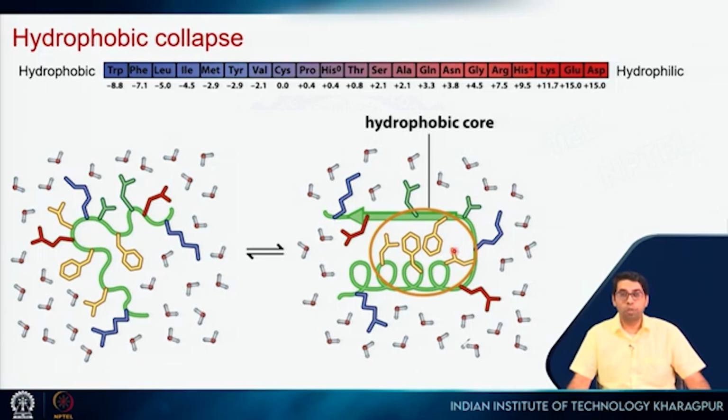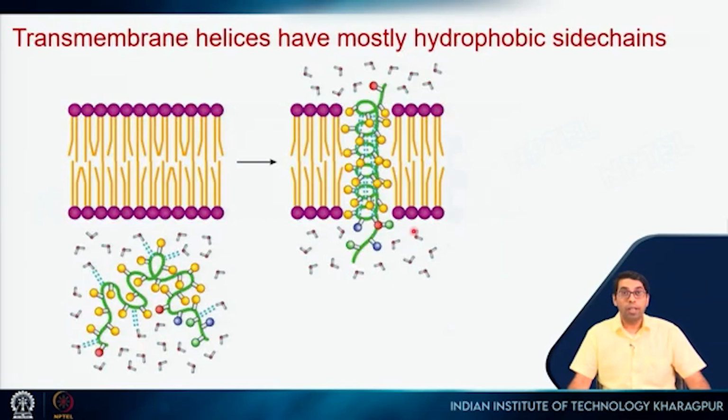So, for a normal water soluble protein, these hydrophobic residues will be inside and these residues will be on the outside. But when it comes to a transmembrane region where a helix will get embedded, what we see is that all these side chains will not interact with water. They are going to interact with these very hydrophobic lipid chains. Okay.